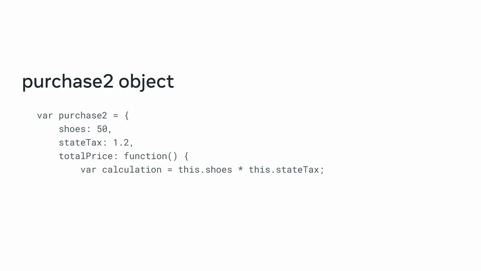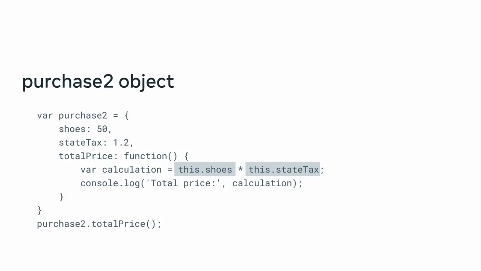Well, the advantage here is that rather than having to think about the name of the object whose shoes price property I'm trying to access, I just use the alias of the current object's name, namely the this keyword. And now I can just copy the total price method from the purchase1 object and reuse it in the purchase2 object. So, using the this keyword allows me to not really care about the current object's name, which is an improvement to the previous code I had.